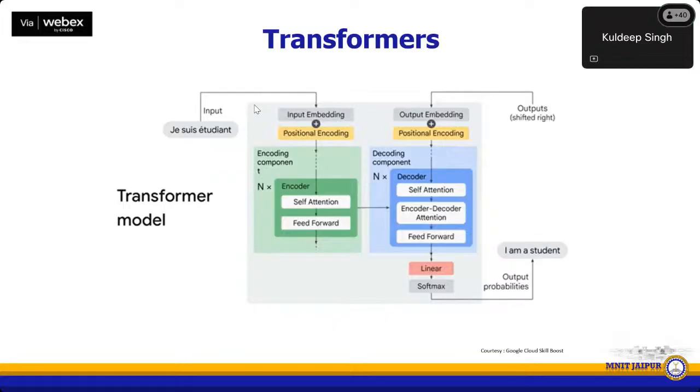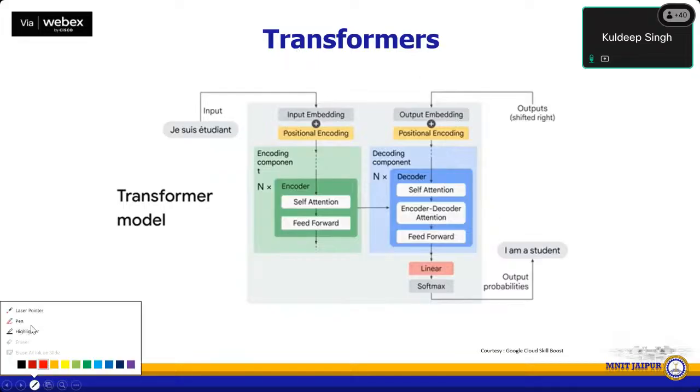And then it is passed through the feed forward layer. Similarly, the decoder also has self attention as well as the feed forward layer, but between them it also has an encoder decoder attention layer, which you can see here.